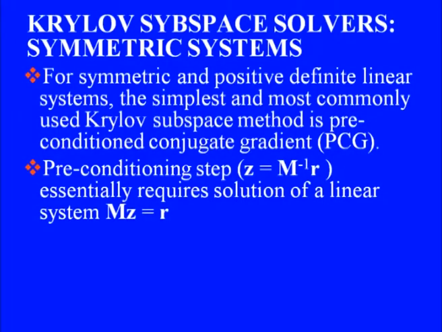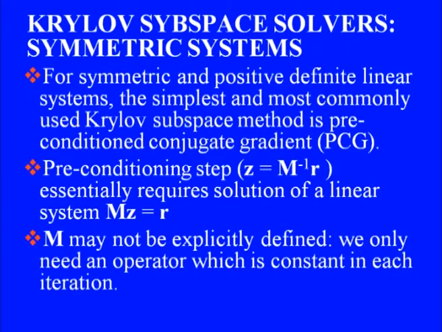So whenever our system matrix is symmetric, amongst Krylov subspace methods our choice is very clear. There is no algorithm which can beat PCG in terms of its efficiency. The overall computational efficiency of PCG would of course depend on our preconditioning step. So if you want to have a robust and efficient PCG algorithm to solve a system of equations, we have to choose a suitable preconditioner.